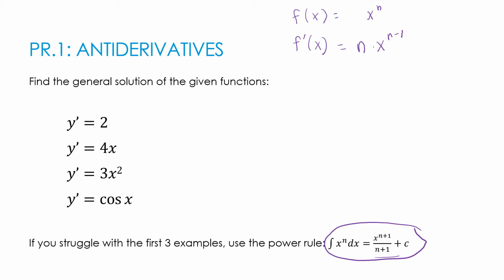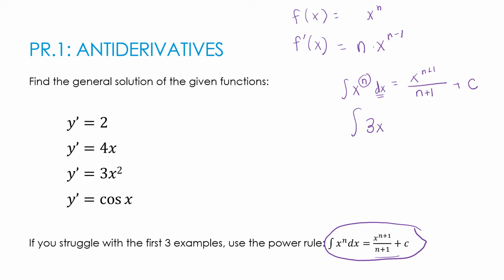So if we're integrating x to the n, dx just tells us we're integrating with respect to x, then we need to increase this power by 1, but we also need to divide by that same exponent. And then of course add the plus c. So think back to when we had our first example and I said 3x, what was the original function?